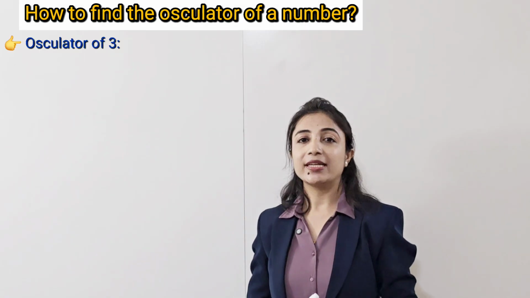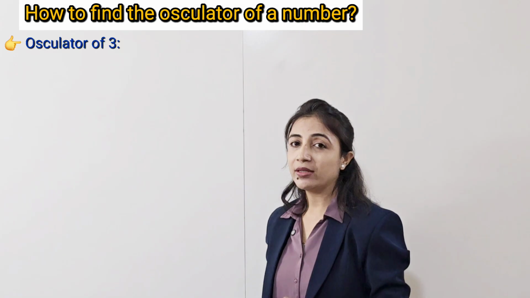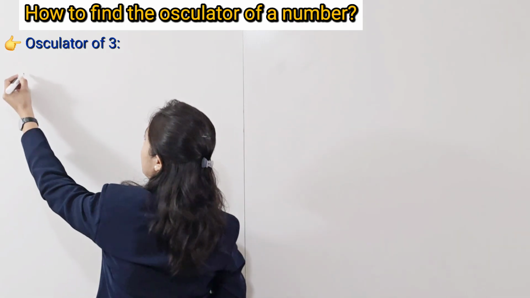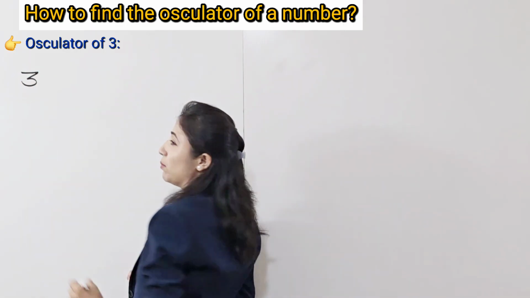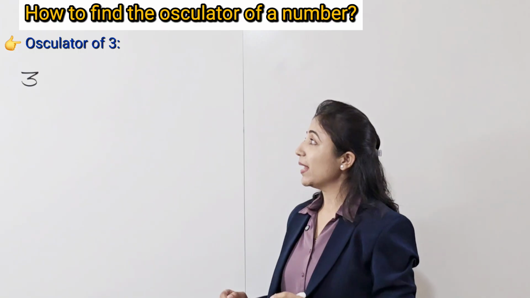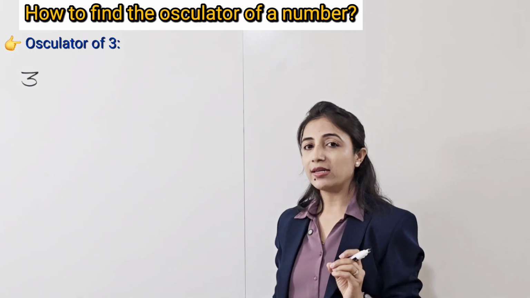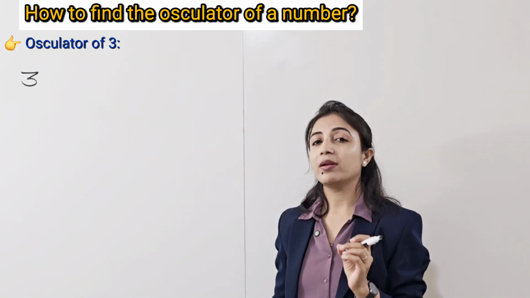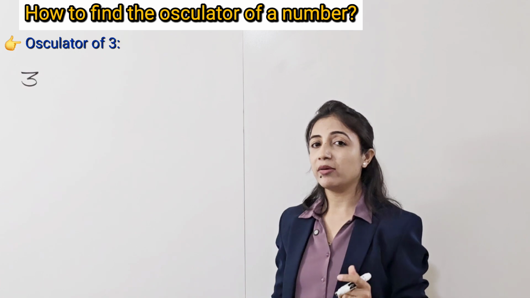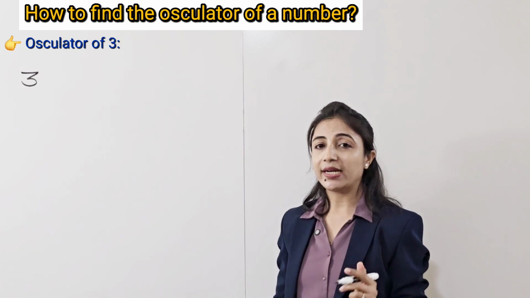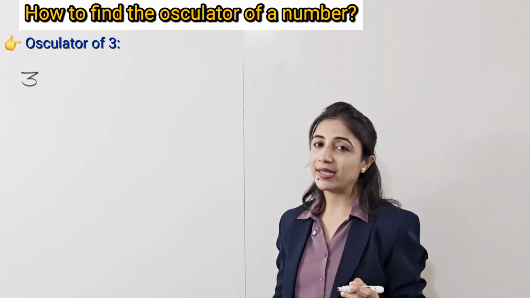So we will take the number 3. To find the osculating number for 3, we have to multiply this 3 by the smallest number such that the product will end with 9. Which number do we have to multiply 3 by? We know that 3 multiplied by 3 is 9.